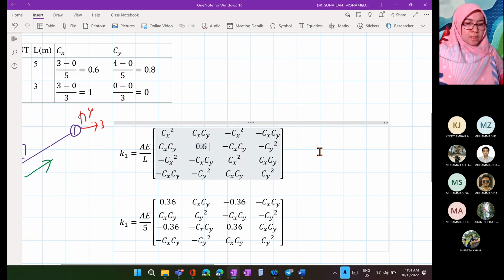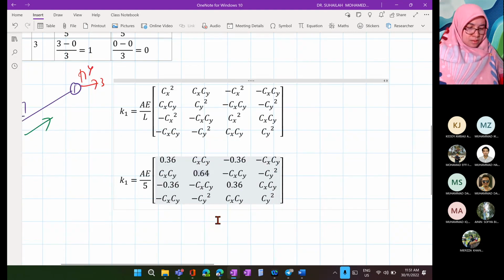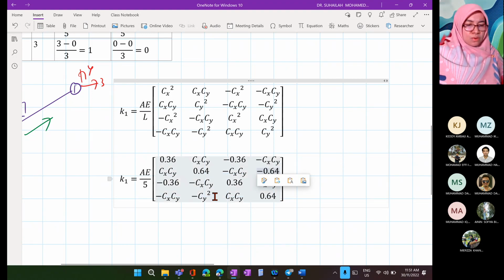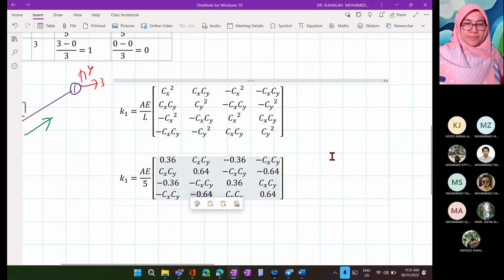CY square is 0.64. This one is negative 0.64, and this one also negative 0.64.